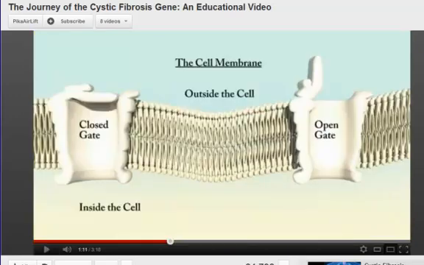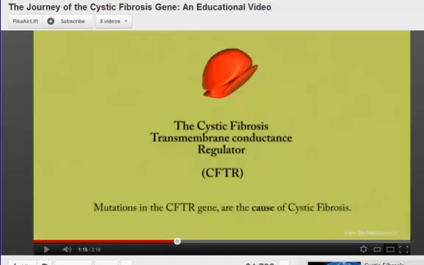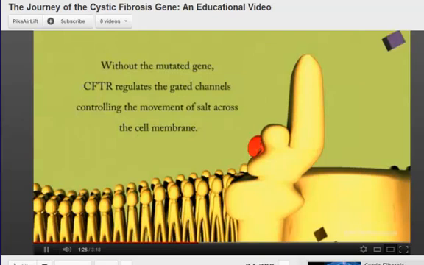Here we see a normal channel that is capable of opening and exchanging chloride ions between the inside and outside of the cell. And mutations on that channel, the CFTR channel, will cause the channel to not work properly, and that will cause the symptoms of cystic fibrosis.